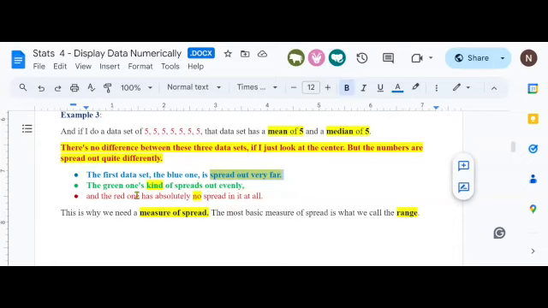And the red one has absolutely no spread in it at all. Okay? This is why we need something called range. We need some type of measurement to measure the spread of data. So the most basic measure of spread is what we call range. Is this clear?